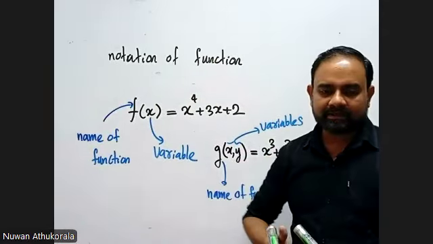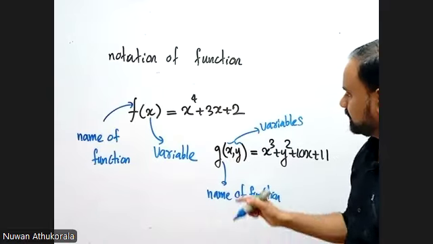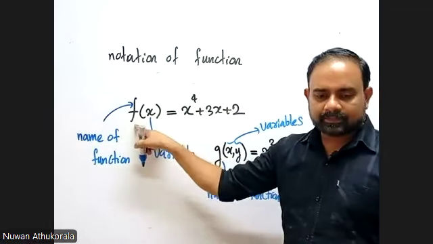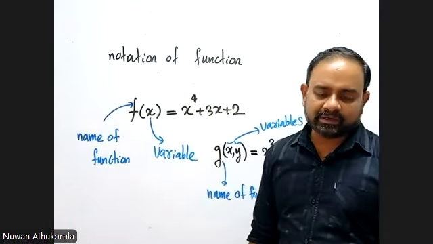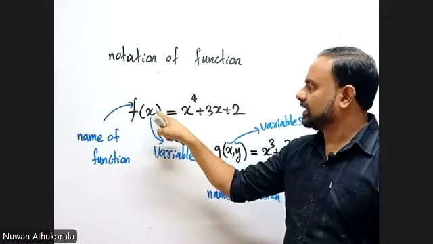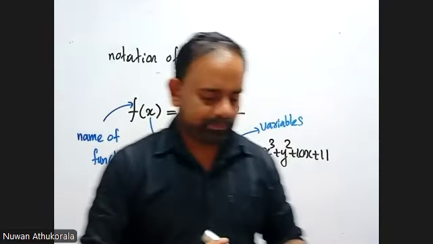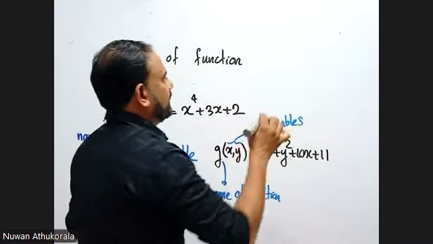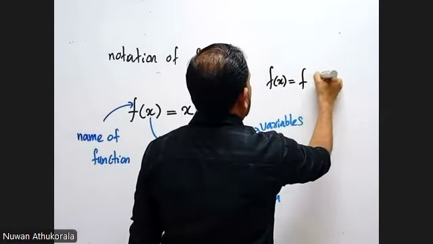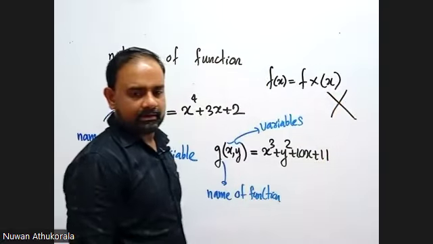Notation of function is just like your name, right? Consider fx. There is no mathematical operation between the name of function and variable x. If you think fx is equal to f multiplied by x, it is totally wrong, right?